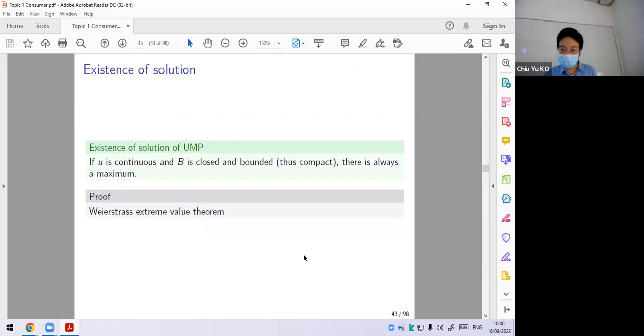Now, just some math statement. I don't think we need to go into it, because most of us are not using this result. When we work on applied problems, a maximum is always guaranteed.